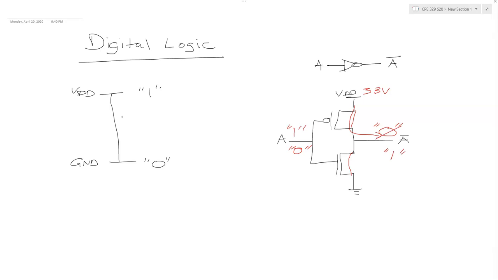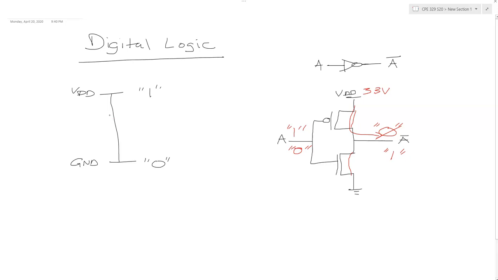Now, as you've probably also seen before with digital logic, we also can expect some noise or variations in the circuit, or when we attach loads to our gates, we see some loading effects, resistive loading, capacitive loading, which will result in a voltage not necessarily being entirely at VDD or ground.